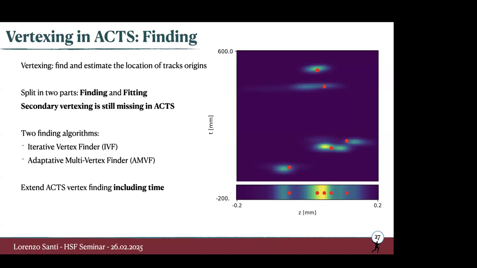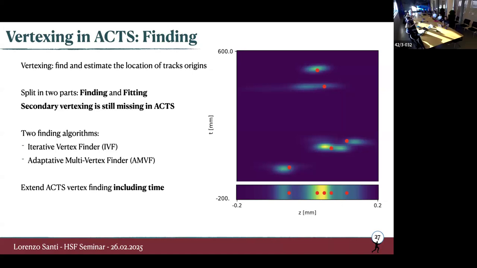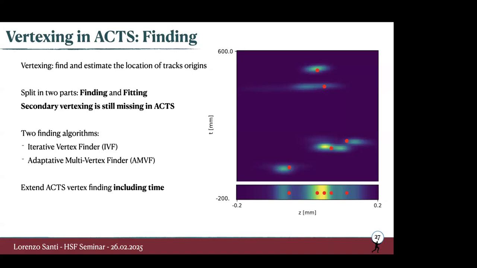Maybe I can clarify this, Vadim. I think the issue here is that you're thinking of time as a measurement of space, which is not the case. You're obviously right that the Z resolution is much better than the time resolution, but we are not using time as a handle for the Z position. Time here is totally orthogonal. You have to think about this as a two-dimensional problem.